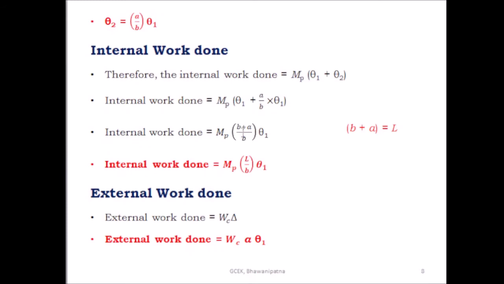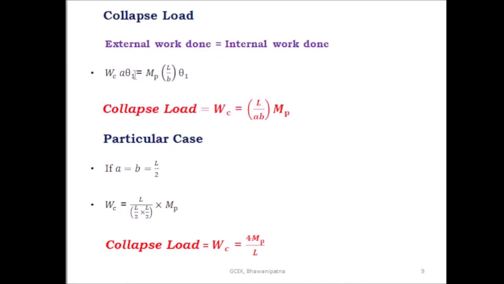We know the internal work done is equal to MP into L by B theta 1, and the external work done is equal to WC into A theta 1. So WC into A theta 1 is equal to MP L by B into theta 1. Then from this relation we get the collapse load WC is equal to L by AB into MP.